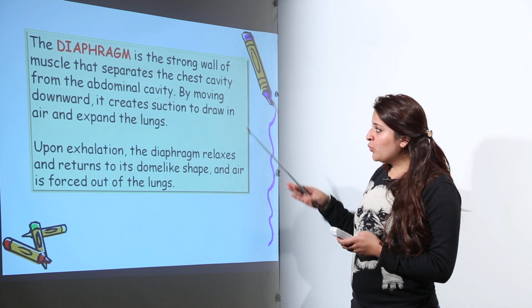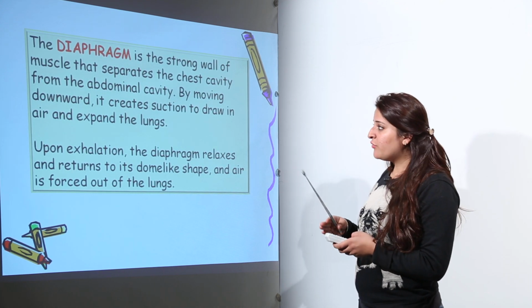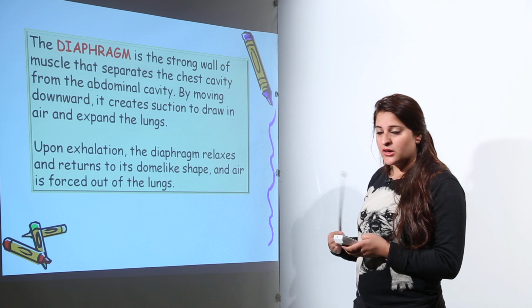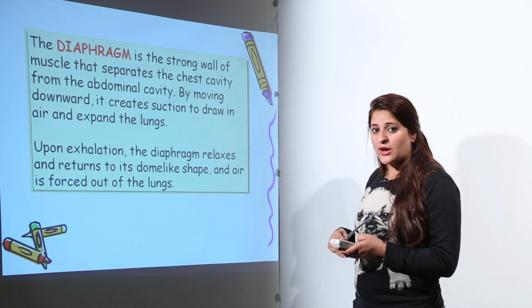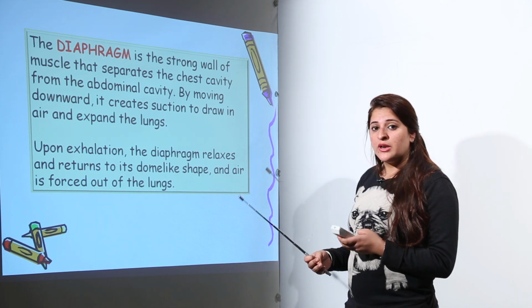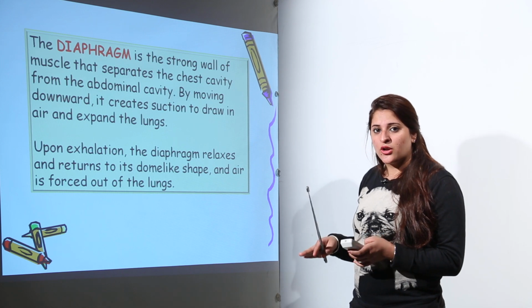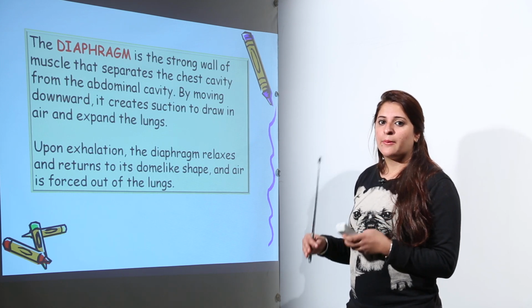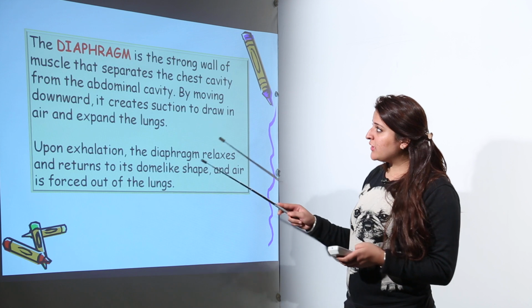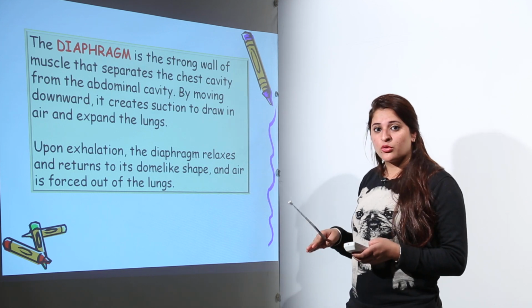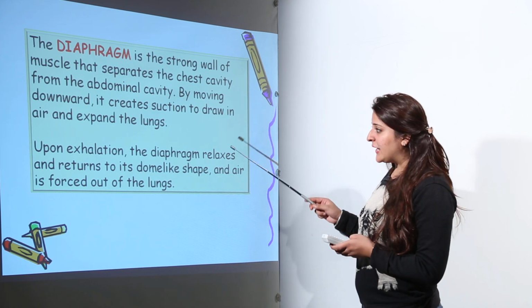When you are taking in air, taking in oxygen, you need to expand your lungs so that the maximum amount of air can be taken in. So the diaphragm moves downwards during inhalation.